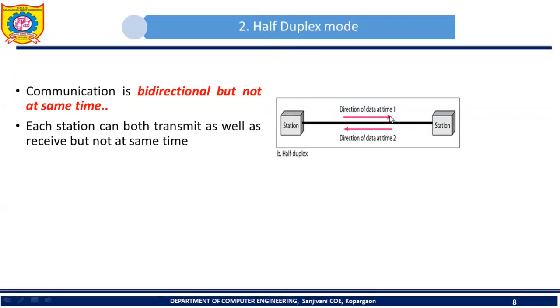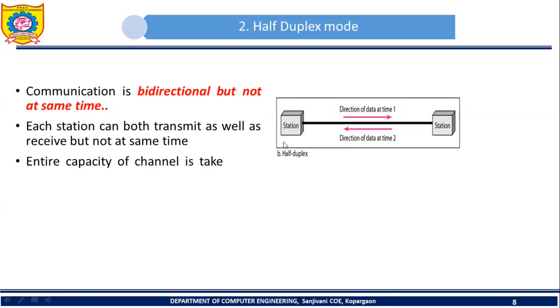We can see arrows in both directions. One arrow indicates that data can flow from the first station to the second station, and the other from the second station to the first. But this data does not flow in both directions at the same time. Either data flows from the first station to the second, or from the second to the first, at a time.